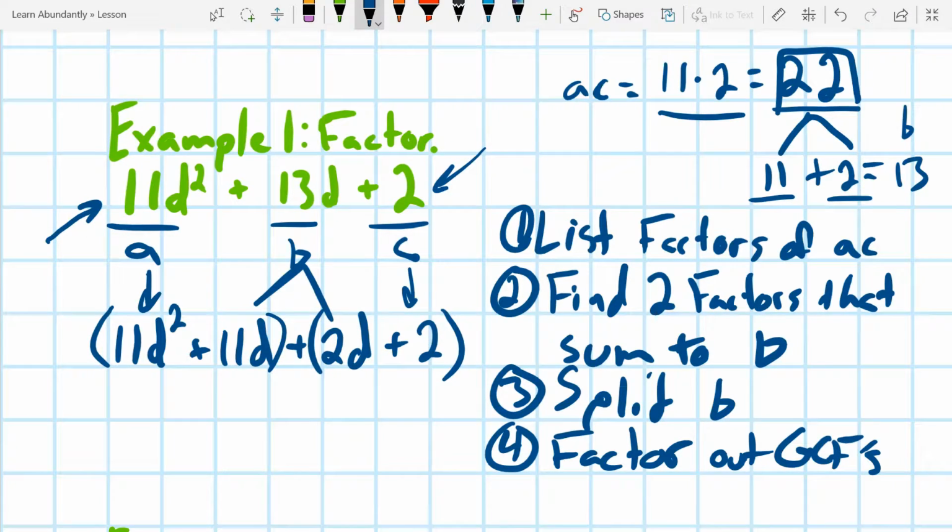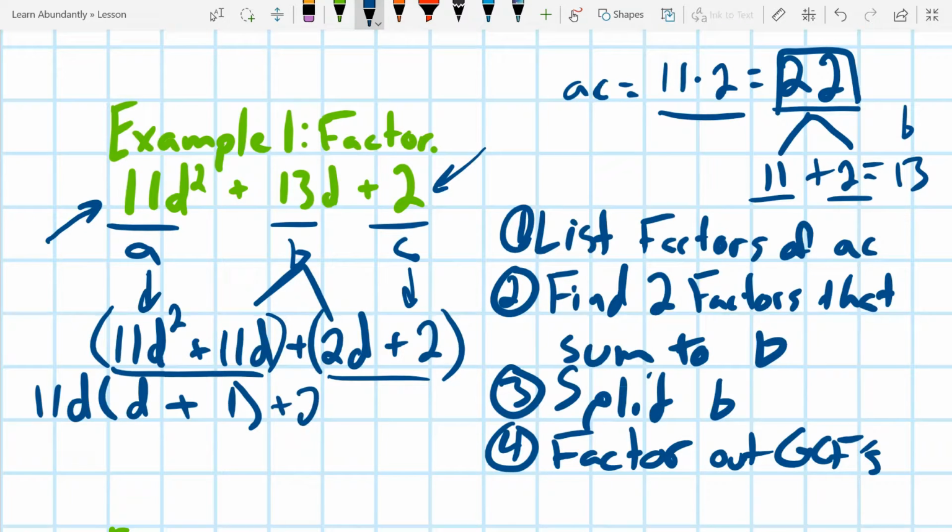So what can I take out of both of these? Well, they both have an 11 and a D. So I'm going to pull out the 11D, and what would be left would be just a D plus 1. What can I take out of both in the second parentheses? Looks like just a 2. So I'm going to have 2, and then on the inside, D plus 1.